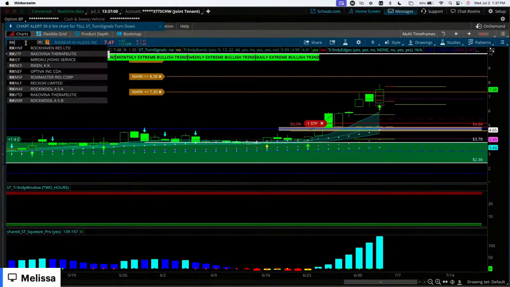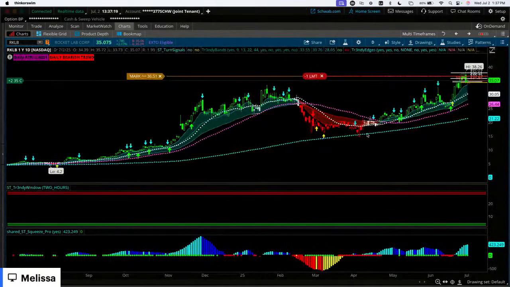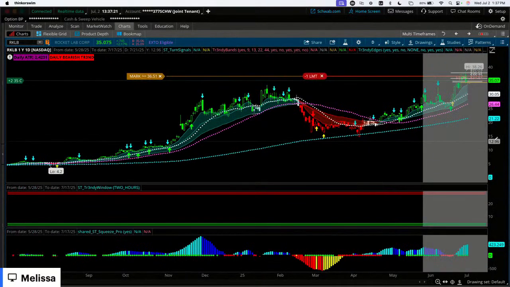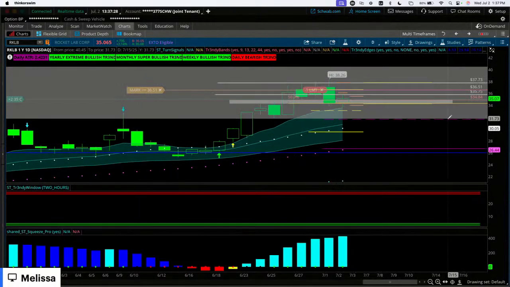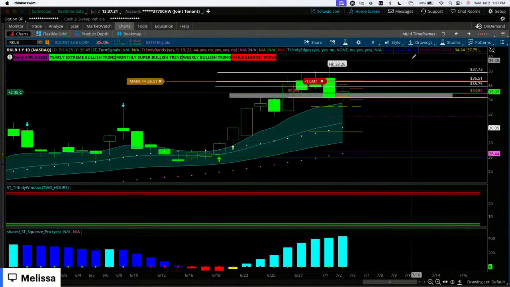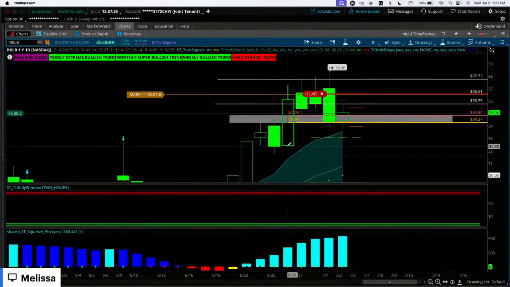Rocket Lab was a trade that we actually just started yesterday, I believe. And it was also a golden pocket pullback buy. Now, this one is not up 200%, but it is still doing really well. So, the range that I measured to find this golden pocket was on this big explosive candle here, a few days ago.